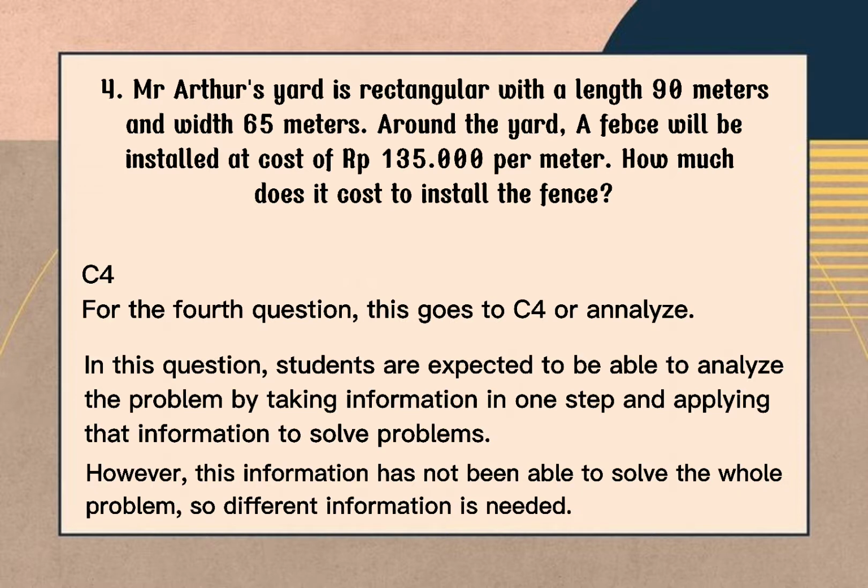In this question, students are expected to be able to analyze the problem by taking information in one step and applying the information to solve the problem. However, this information is not enough to solve the whole problem, so different information is needed.